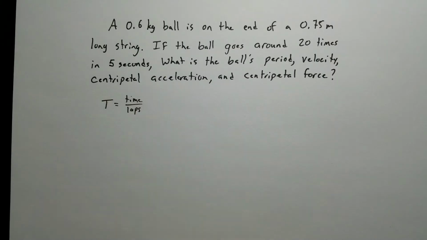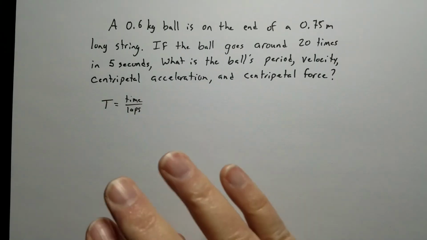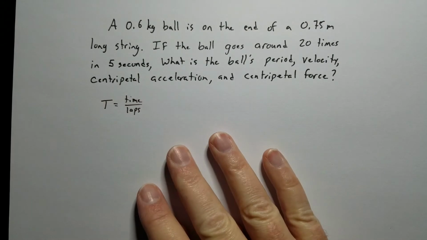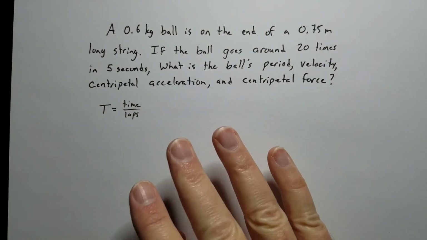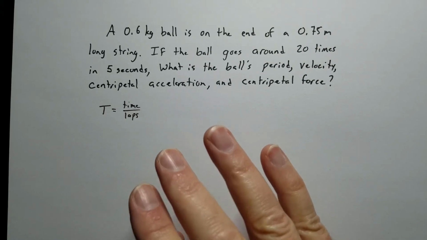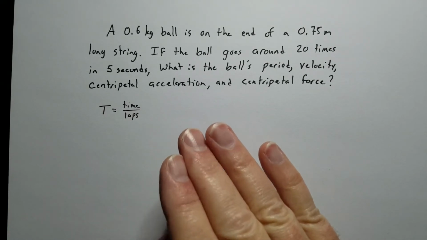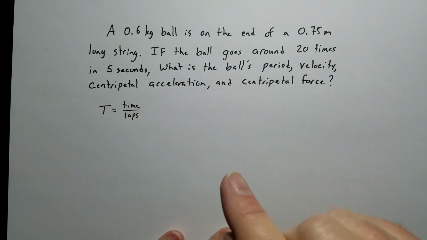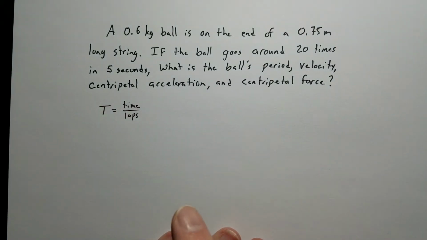So let me throw you into the deep end right off the bat. This is the longest problem that could be asked on this topic, usually, unless we mix in other disciplines. We've got a 0.6 kilogram ball at the end of a 0.75 meter long string. If the ball goes around 20 times in 5 seconds, what's the ball's period, velocity, centripetal acceleration, and centripetal force?